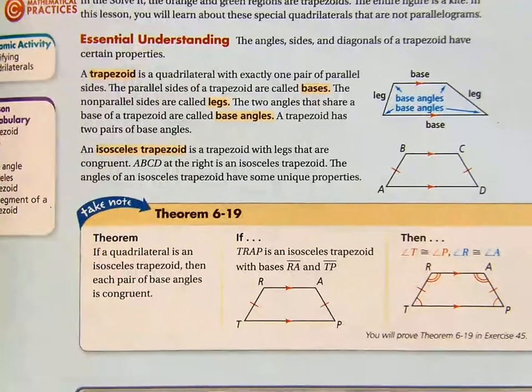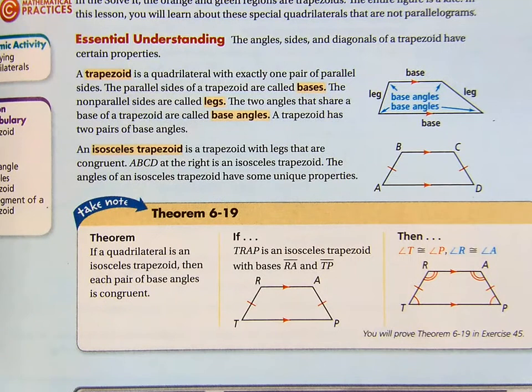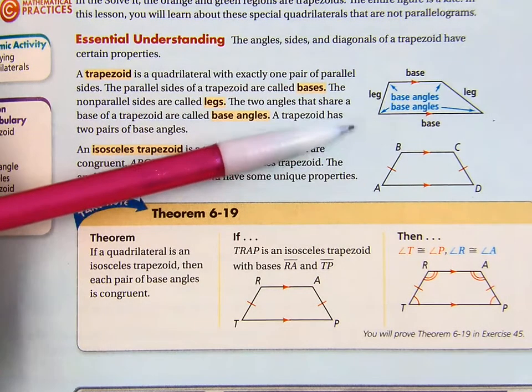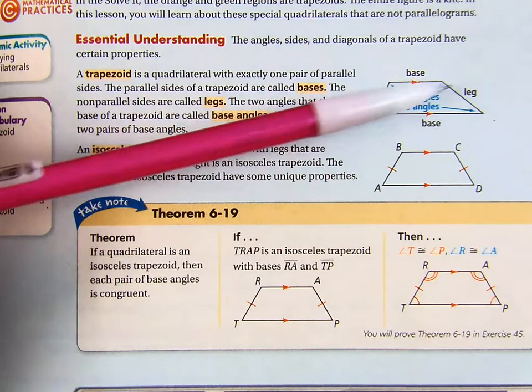It simply says, if a quadrilateral is an isosceles trapezoid, then each pair of base angles. Remember, by definition, the two angles that share a base of a trapezoid are base angles. So these two share a base. Those are base angles. These two share a base, so they're base angles.